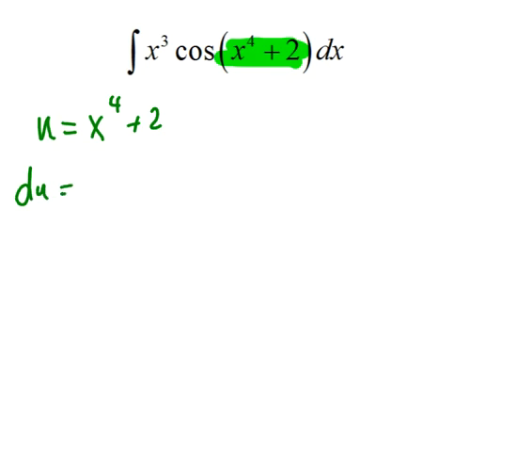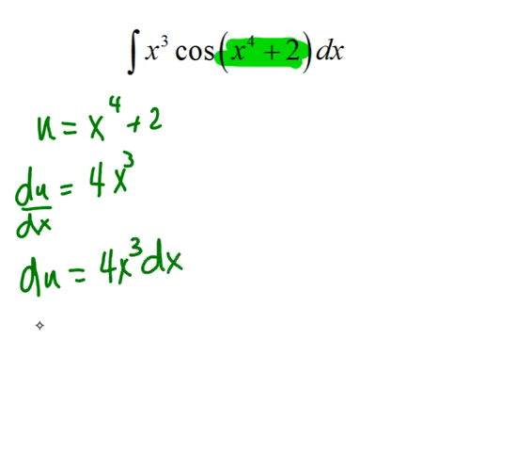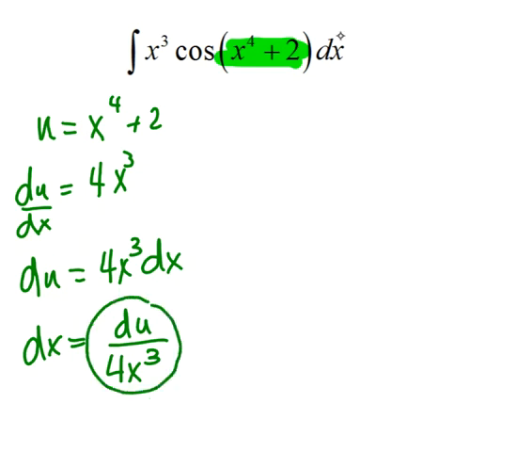So du dx is equal to 4x cubed, and I'm going to have du equal to 4x cubed dx. Another way we could do this is to isolate dx by itself completely and write du over 4x cubed. And what I'm going to do in that case is take this dx and replace it with that entire thing. This way I'm not looking for pieces to match up. Some people like this approach better.